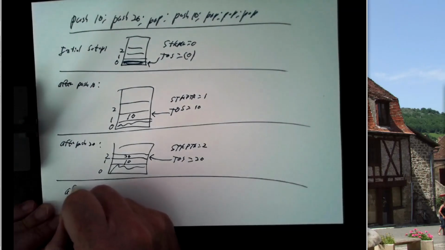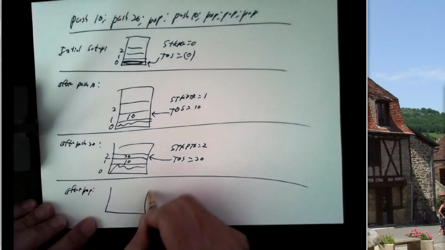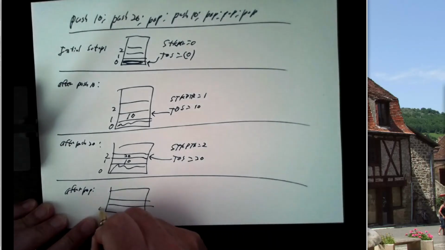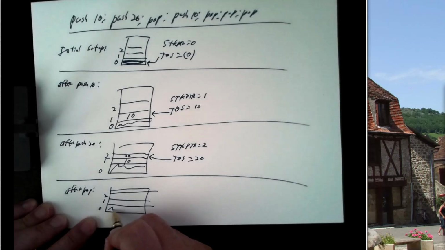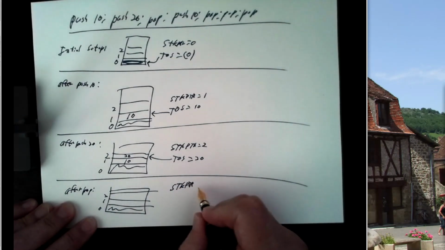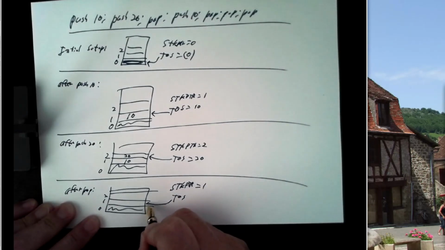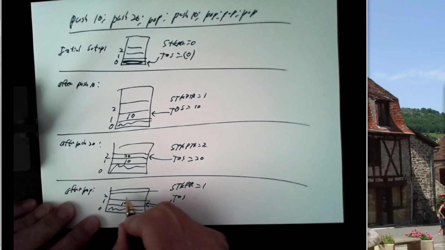And then after the pop, what changes? Well, the stack pointer gets decremented, so that's equal to 1, and top of stack is now pointing to location 1 in the stack, which has a 10.